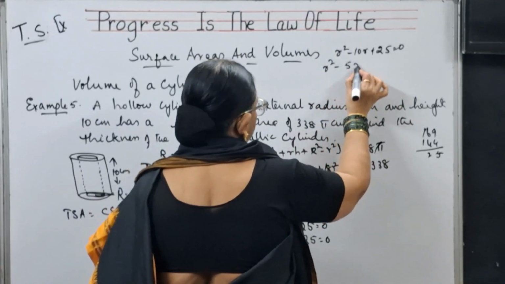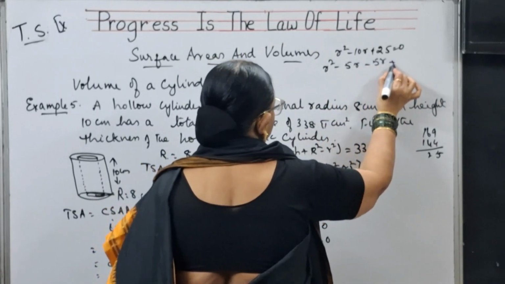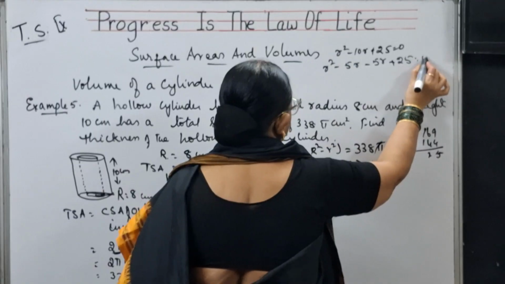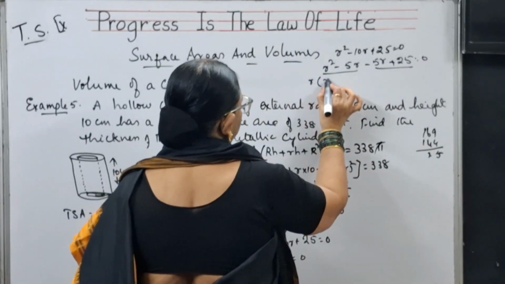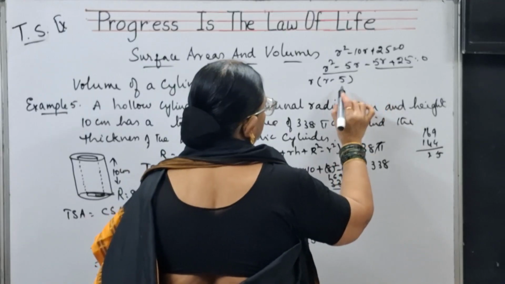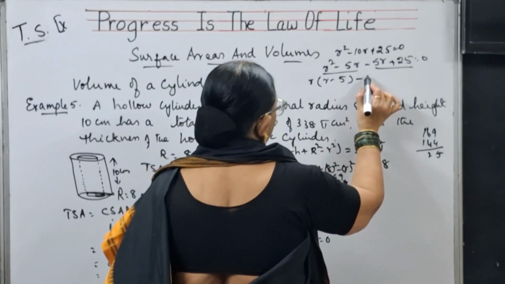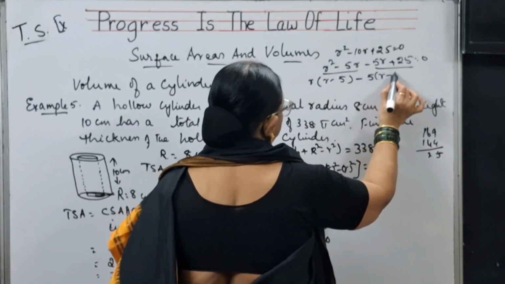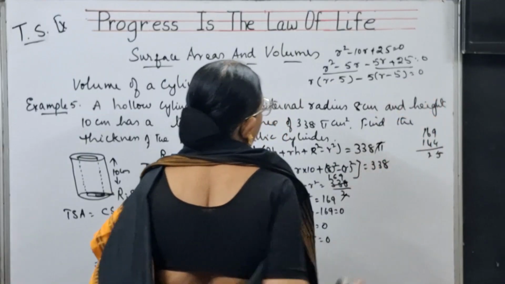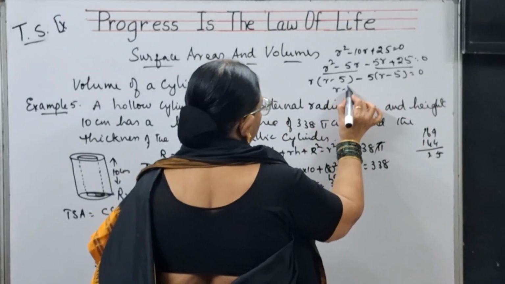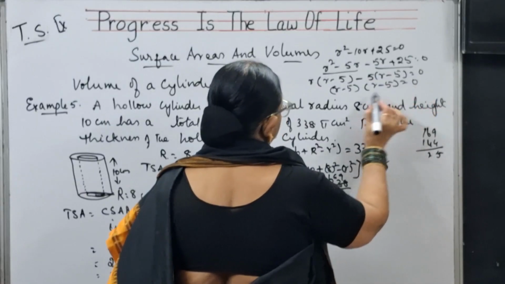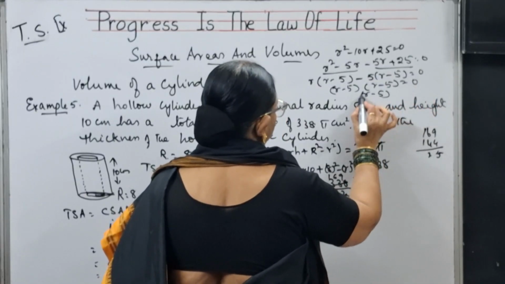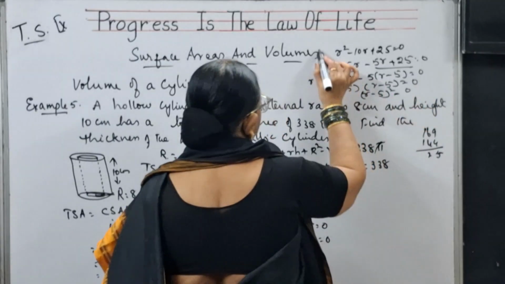So r square minus 5r minus 5r plus 25 is equal to 0. These two as a group, these two as a group, if you take r into r minus 5 minus 5 into r minus 5 is equal to 0. That means you are getting r minus 5 into r minus 5 is equal to 0. This can be written as r minus 5 whole square is equal to 0.